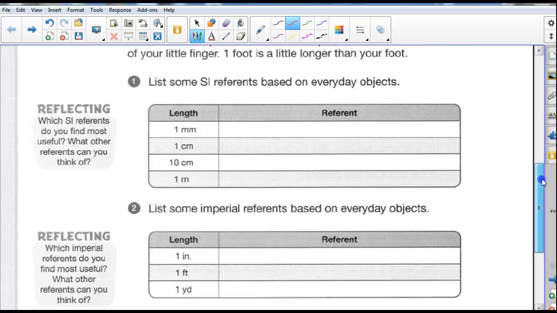So you can use your imagination here. 1 millimeter, for me, is about maybe the thickness of a coin. A dime, a nickel, a quarter in your pocket. 1 centimeter. Well, we could say 1 centimeter referent might be the width of a finger. That's a good referent.